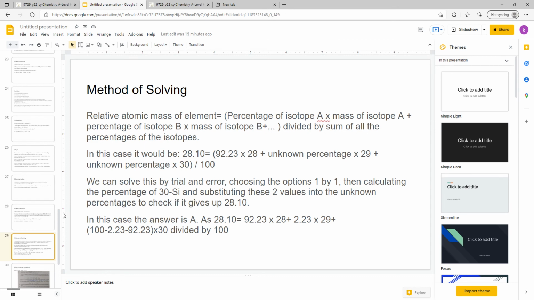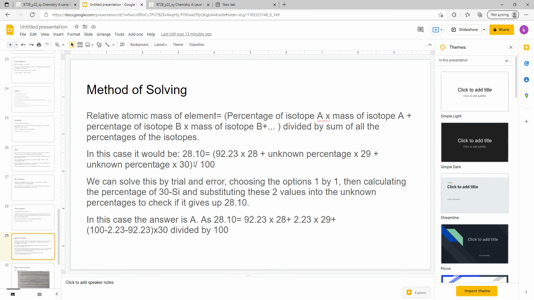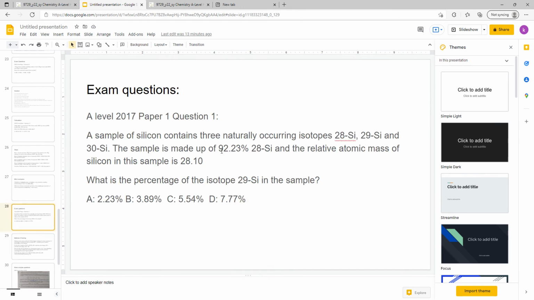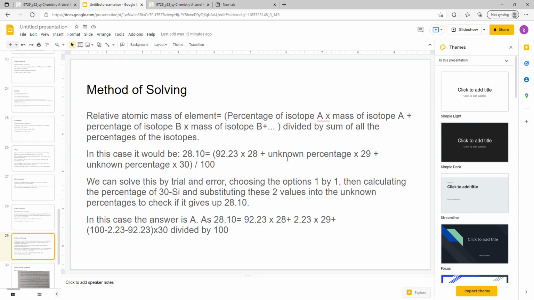So in this case, we see that the relative atomic mass of silicon is 28.10. So 28.10 is 92.23% times 28 plus the percentage of 29Si times 29 plus the percentage of 30Si times 30, divided by the sum of all the percentages, which would be 100.